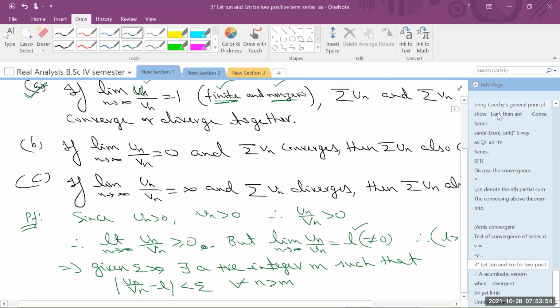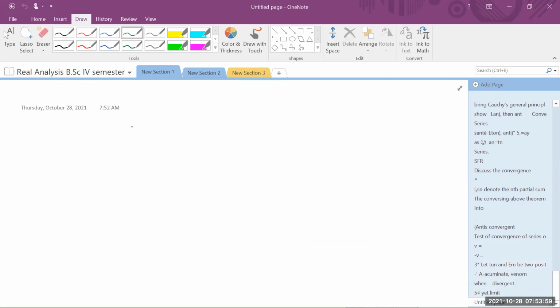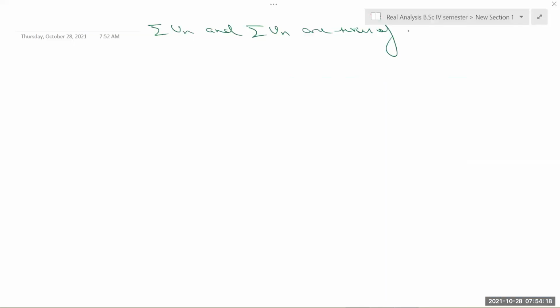For example, actually this result is that series un and series Vn, and here remember that both are series of positive terms.